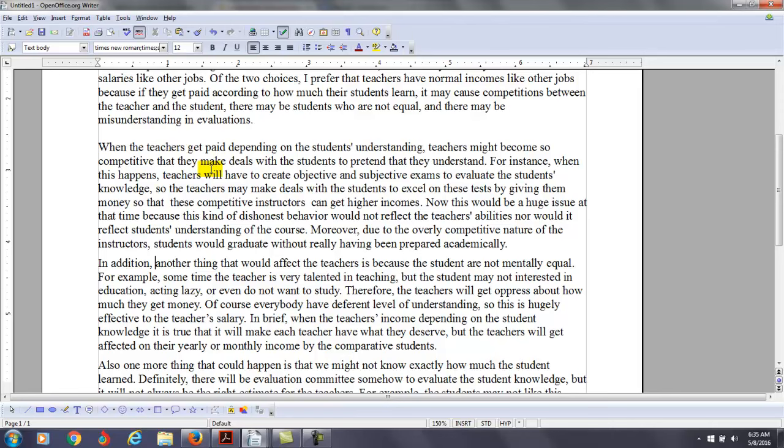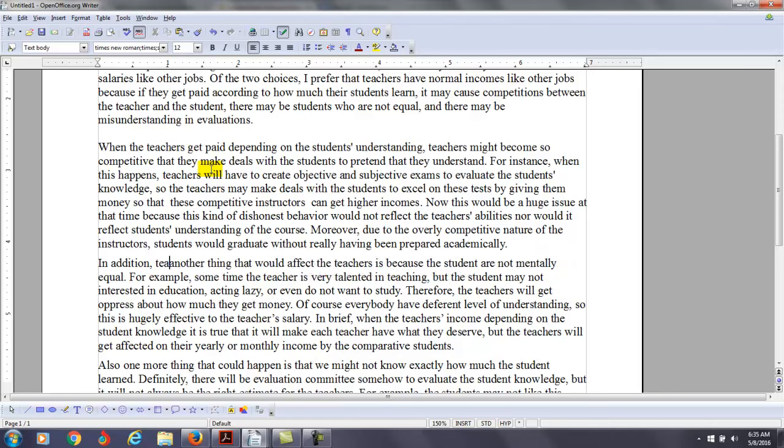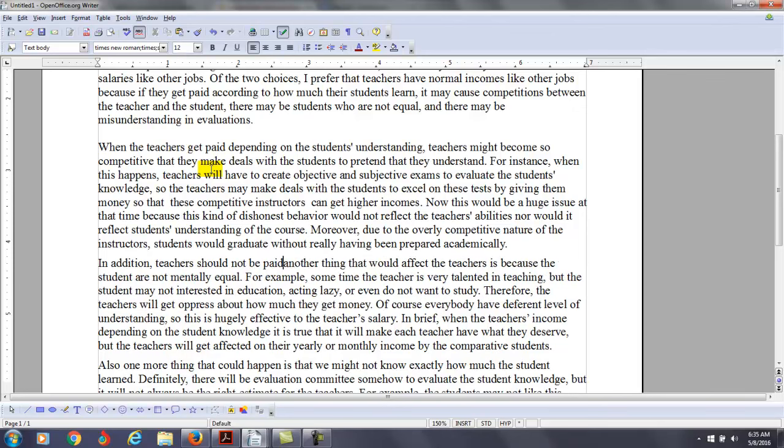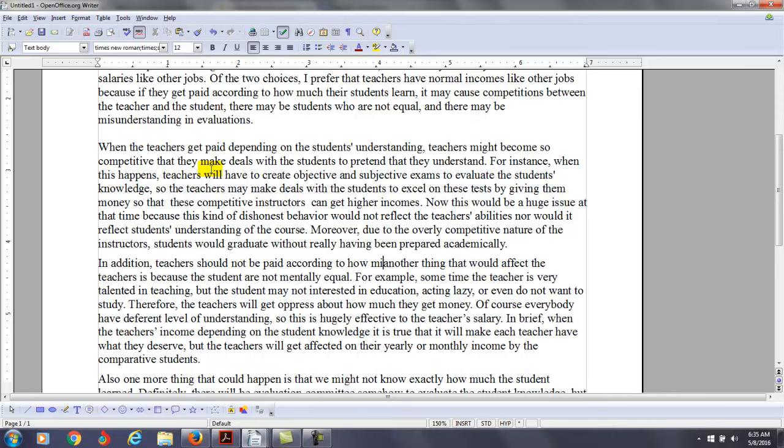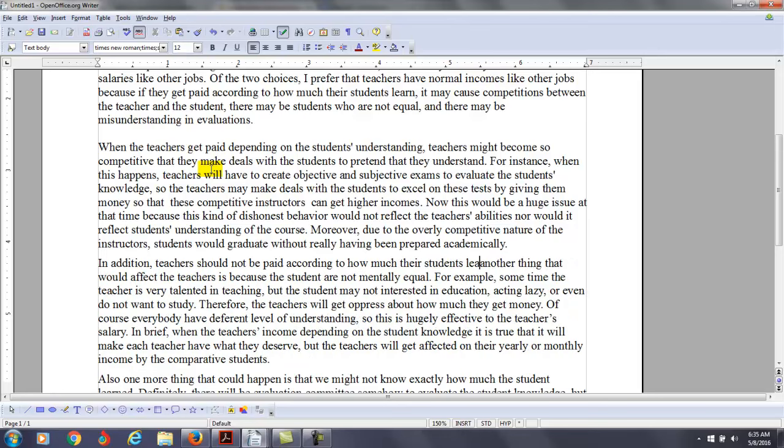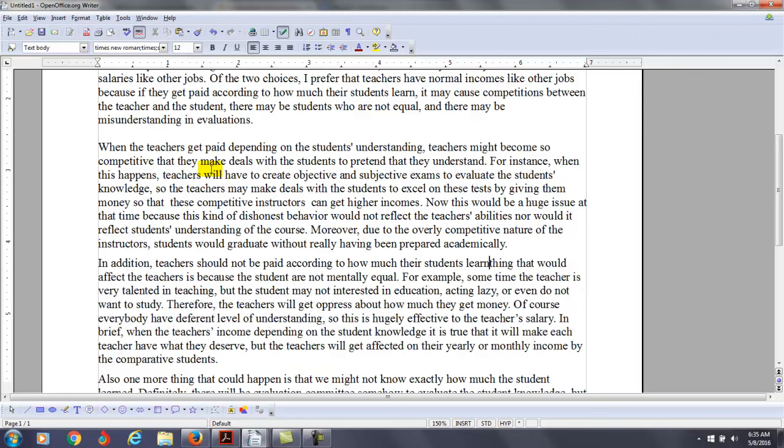So we need a little bit better topic sentence here.